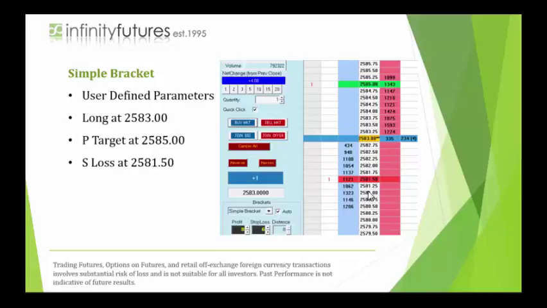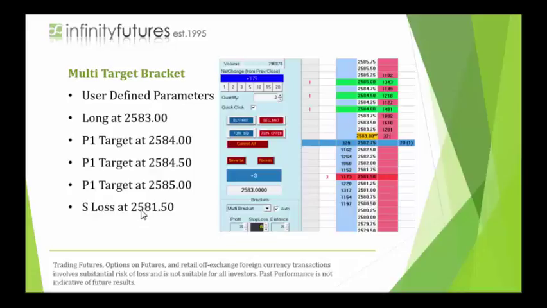Alternatively, if we got stopped out at 25.8150, this profit target of 25.85 even would be canceled. In either event, we end up with a zero position. We're flat, in other words, as we would say, and there's nothing working. There would be no working orders here that we'd have to worry about canceling manually or worry about a double fill.